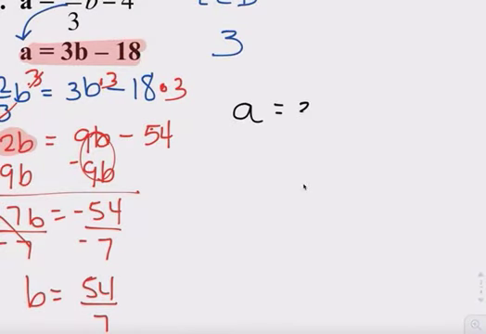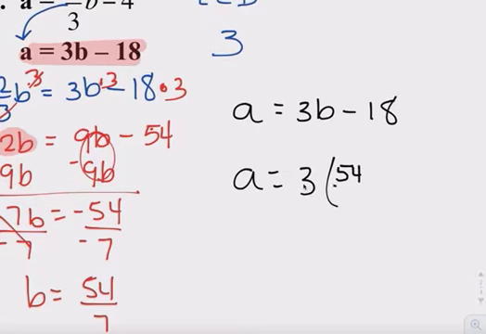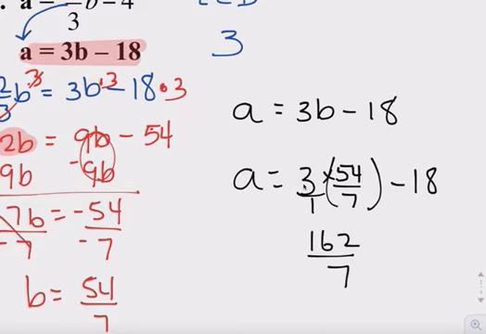A equals 3b minus 18. A equals 3 times 54 over 7 minus 18. Can't cross cancel. 54 times 3 is 162 over 7 minus 18. 7 goes into 162 23 times.